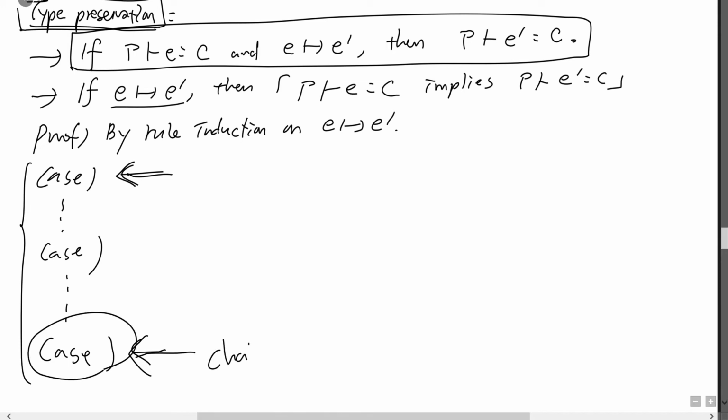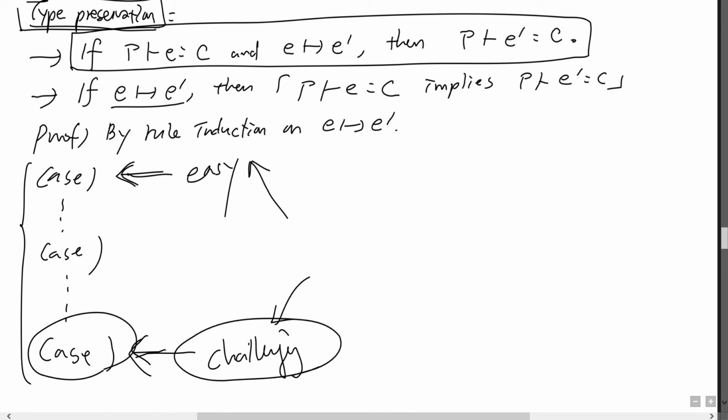Then it makes sense to consider the most challenging case first. This is the most challenging, and this is quite easy. And the question is, do you want to consider this easy case first, or this most challenging case first? The answer is, you want to consider this most challenging case first, because you are trying to prove the truth of this type preservation theorem. And why is that? Because eventually you will have to consider all these cases anyway in order to complete the proof.